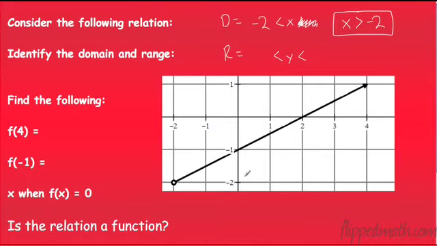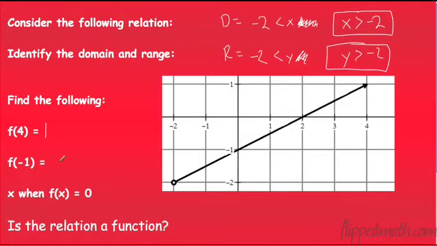Let's try our y's. What's my lowest y? -2. My highest y, well, in this case, the domain and the range are very similar. So let's see, find f of 4. So x is 4. What's my value of y? 1. Find f of -1. Well, we're going to have to round this one, right?